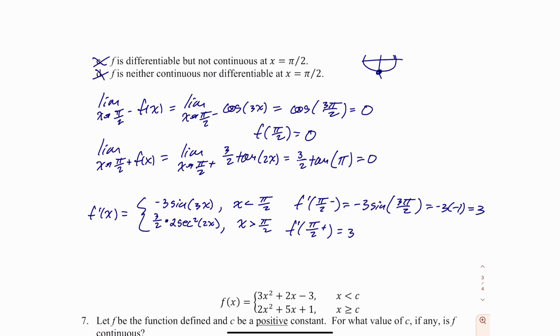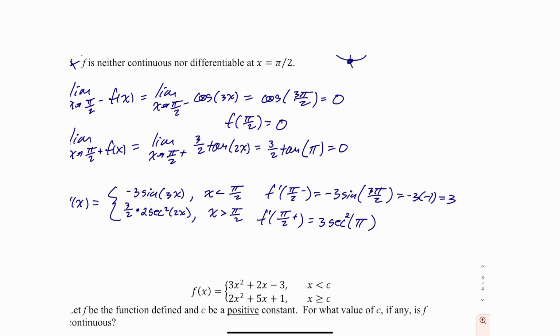And then the secant squared of pi over 2 times 2, which is the secant squared of pi. So 3 secant squared of pi. The cosine of pi is negative 1, which means the secant is also negative 1.